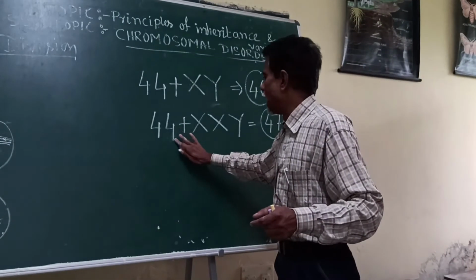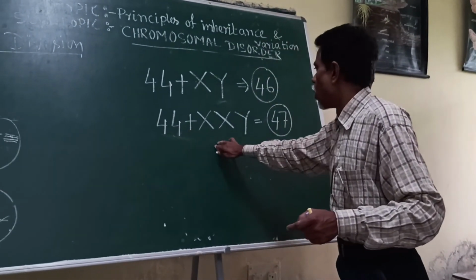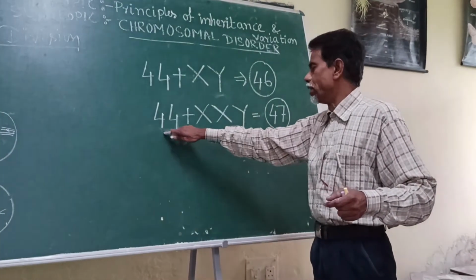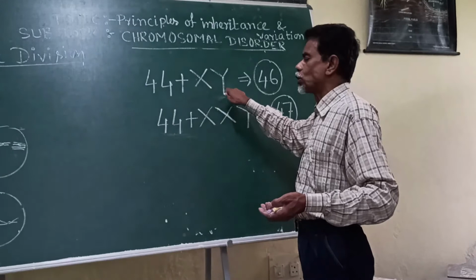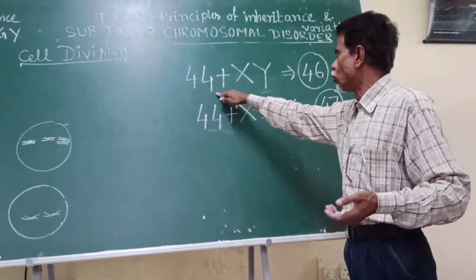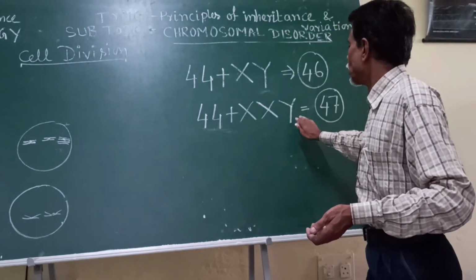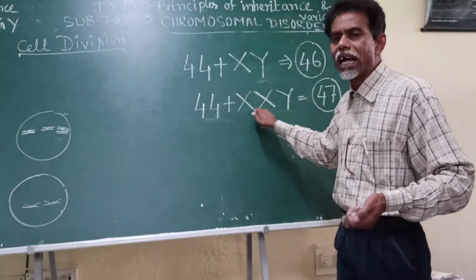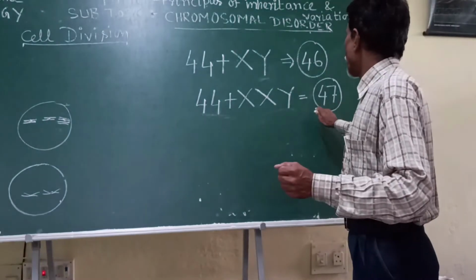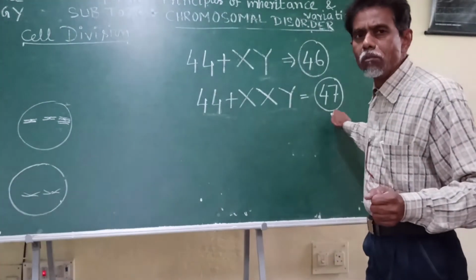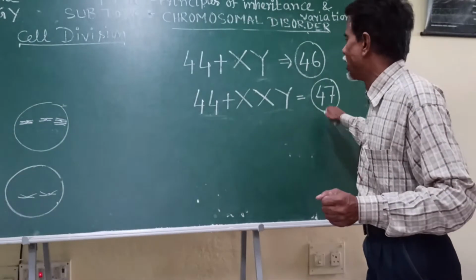So in this syndrome, in addition to the normal XY chromosomes along with autosomes, total 46, the male gets an additional X chromosome. So the resultant chromosome number becomes 47.